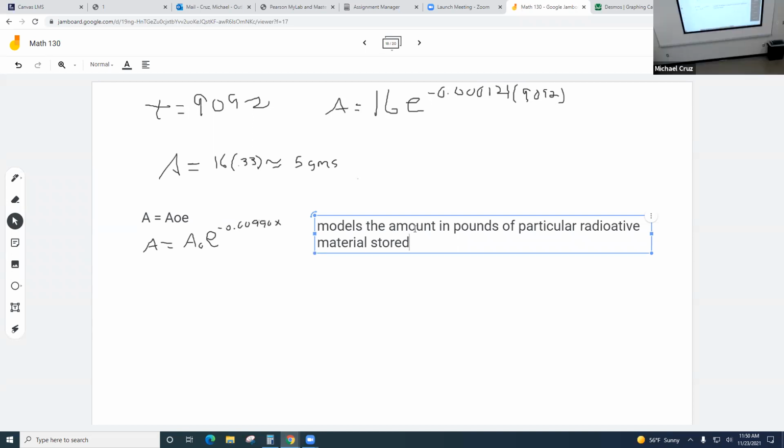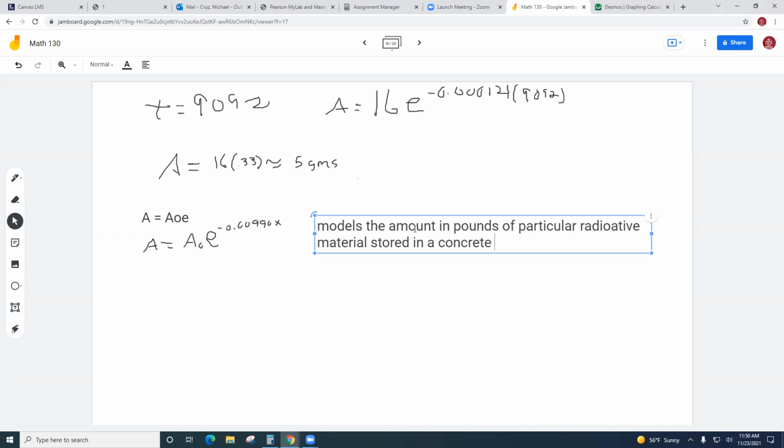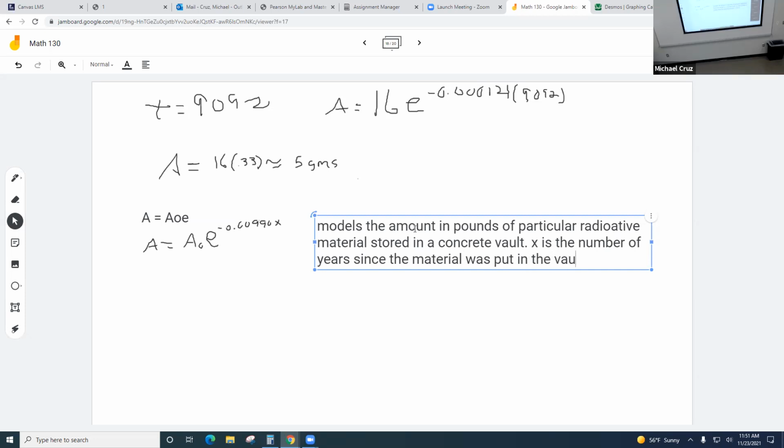No. Okay, well, the concrete walls not really that important, but I was trying to see if there was more information. No, and it says where X is the number of years since the material was put into the vault.